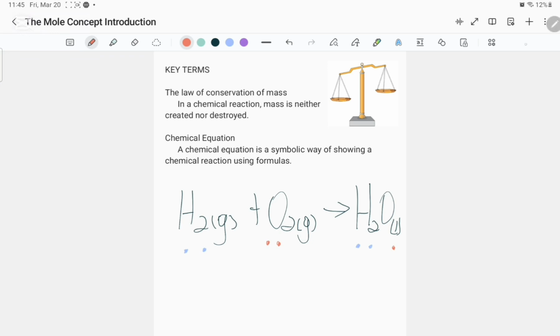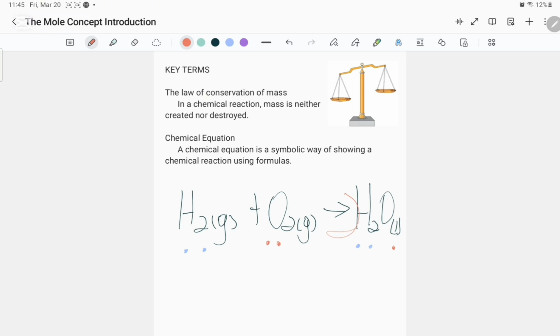We see that the majority of the atoms is 2 each. So if we add a 2 in front of the water, the H2O, that means now instead of 2 hydrogen, we have 4.